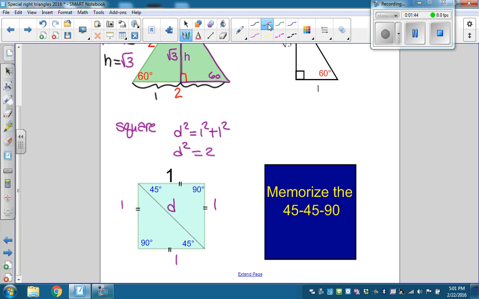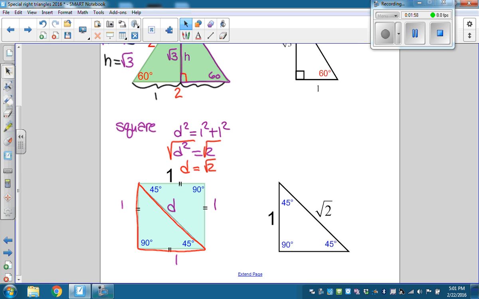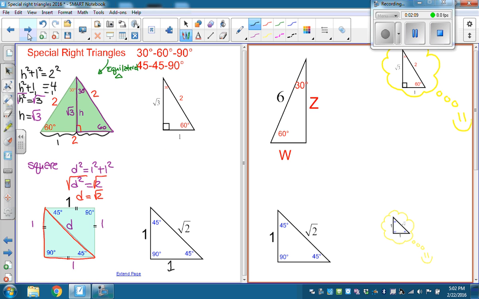So if you take the square root of both sides, the diagonal is the square root of 2. So then you take this 45, 45, 90, or an isosceles right triangle, and you have those proportions where this is 1. So you're going to memorize those two triangles and then learn how to use them.